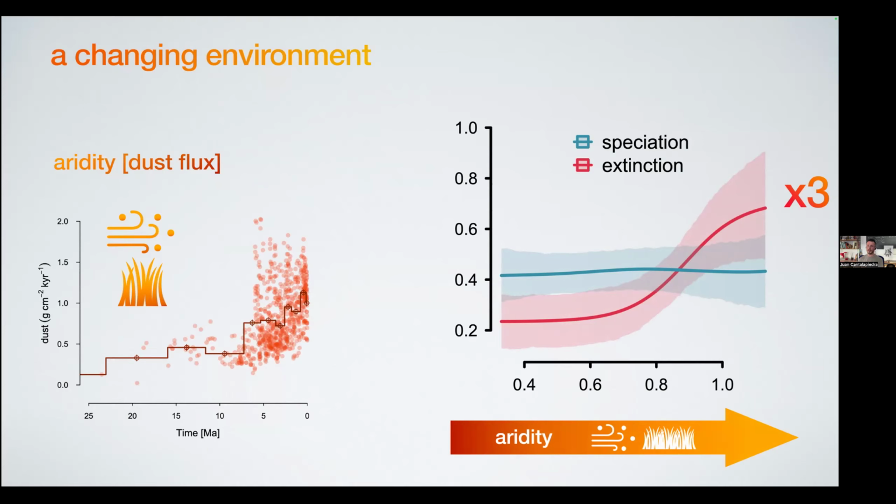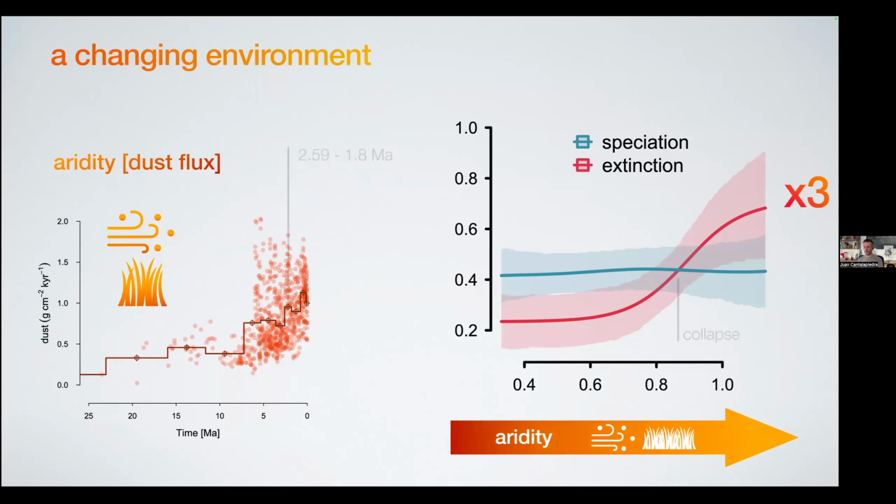So we see that speciation basically remains flat across all the values, but extinction undergoes a threefold increase as aridity increases. So this is why aridity is the major driver of extinction in this system.